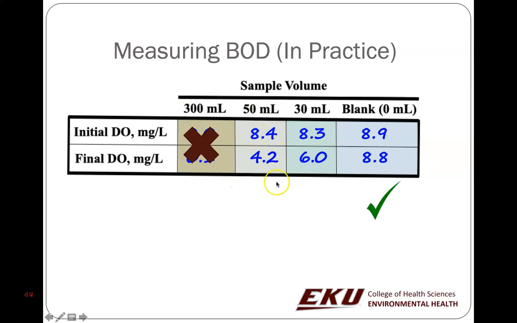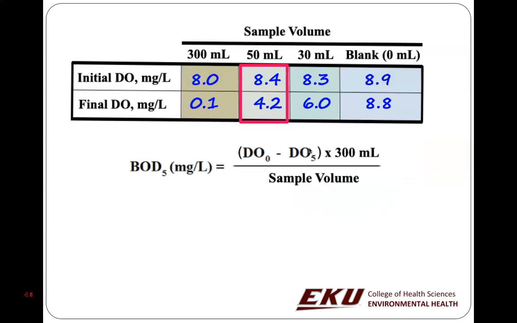And then these, our actual samples, have changed more than 0.2, which is good. And they've also kept values that are greater than 1.0. So that one's good and that one's good. So now we can actually measure the BOD.